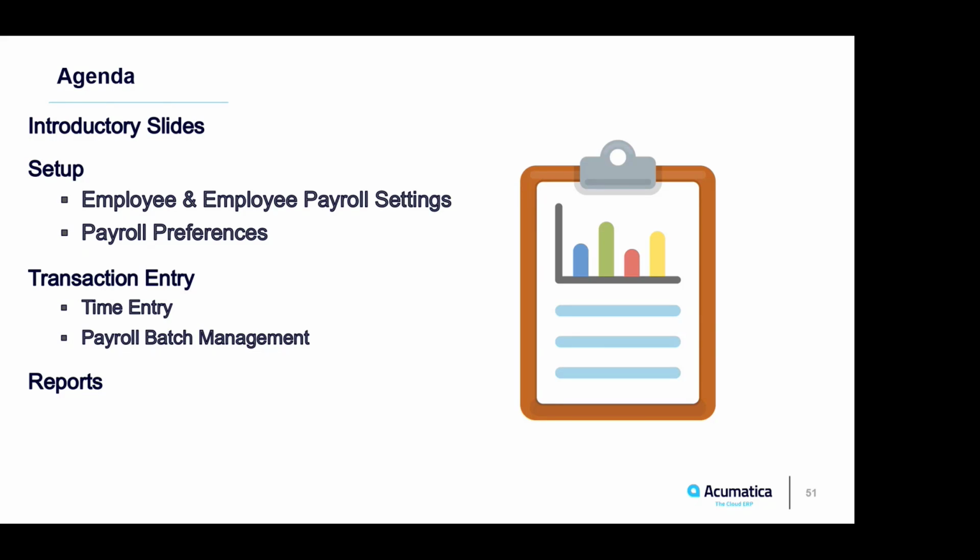So when we look at an employee setup, we're going to look at how we separate that critical information. We're going to look at a few payroll preferences, especially as they relate to certified job and Davis-Bacon requirements. Then we'll look at some time entry, and then we'll look at payroll batch management.